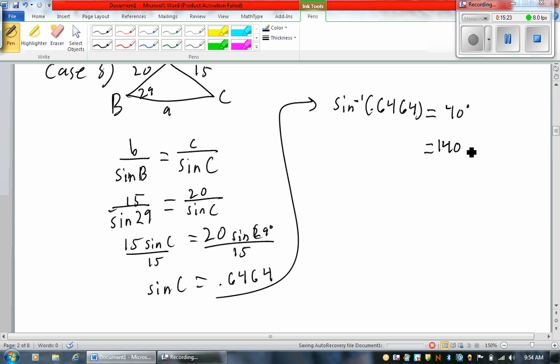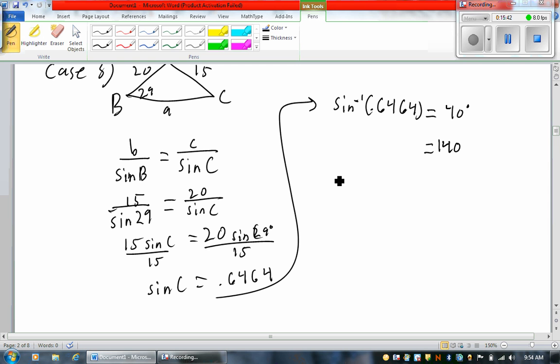And these solutions, if we check them: 40 degrees, we already had an angle of 29. That's still way less than 180. And 140 plus 29 is less than 180. So we actually have two possible triangles that could come out of this.